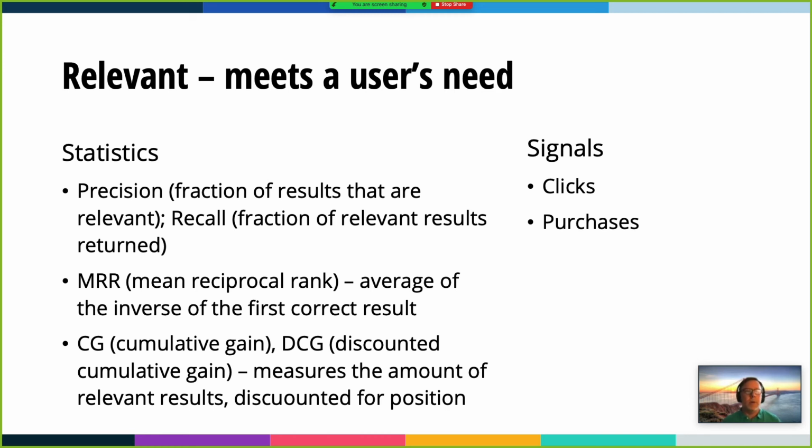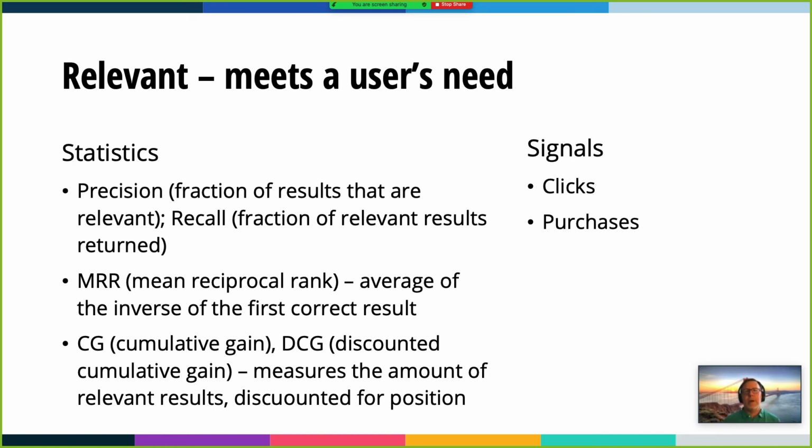The important thing to listen for is the results that are relevant is, again, relative to a particular query and a particular user goal. We also have a couple of statistics that we look at in terms of the ranking of the results themselves, right? So they're all related to sort of where is the correct result in the set of results that were returned. Mean reciprocal rank just looks at the average, the inverse actually, of the first correct result.